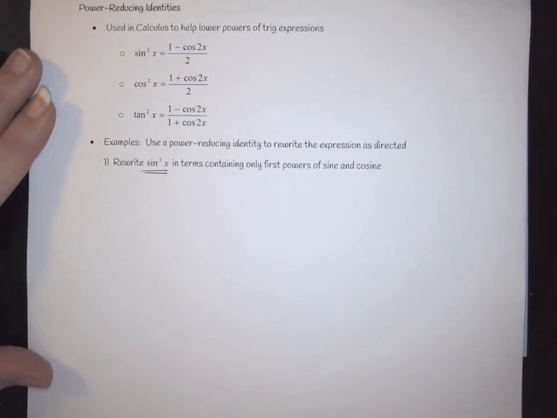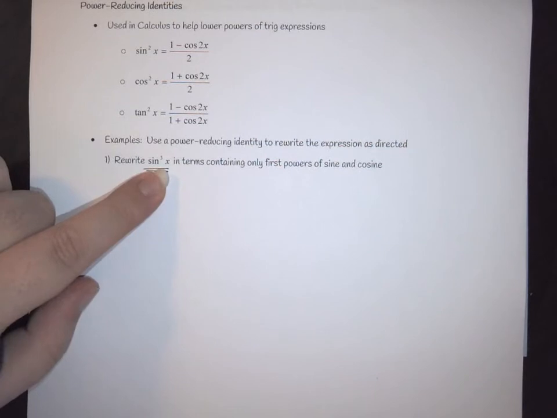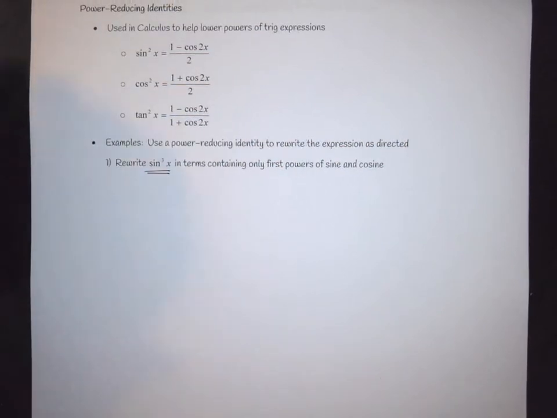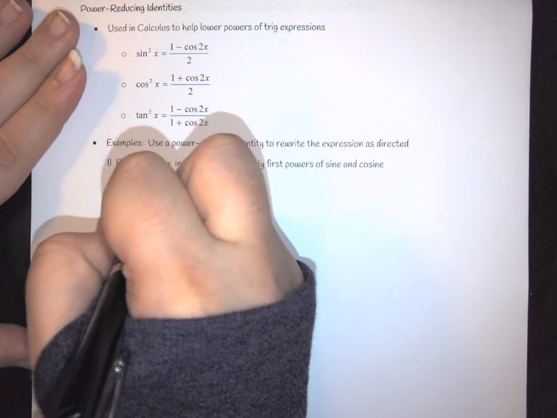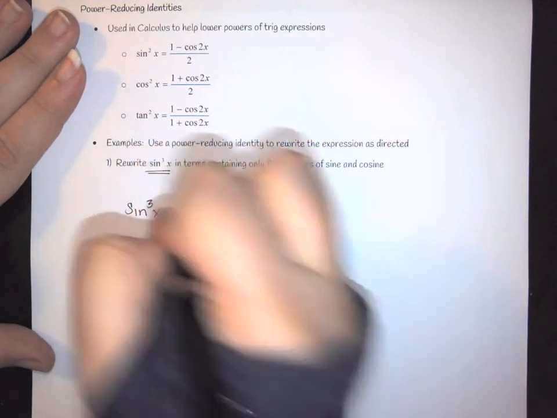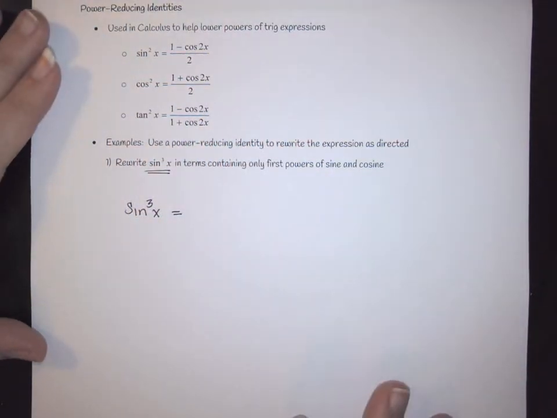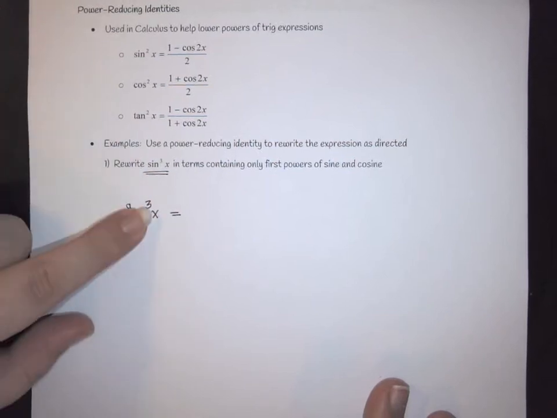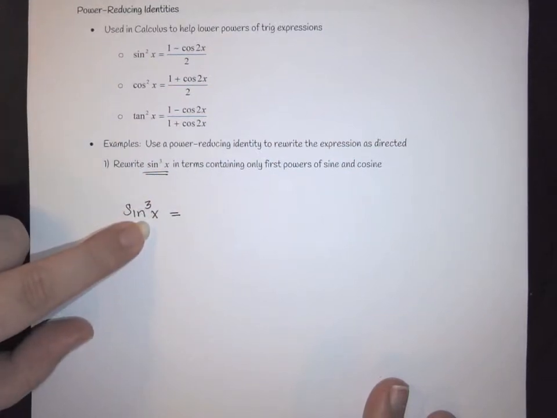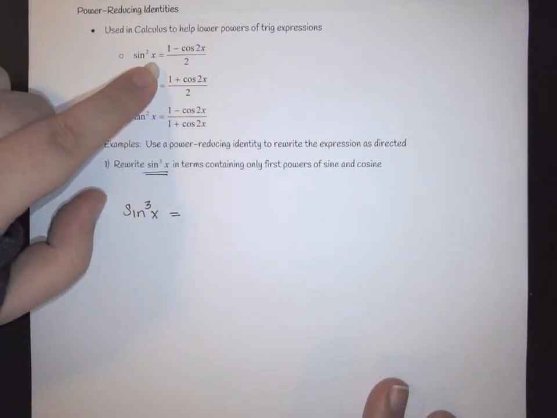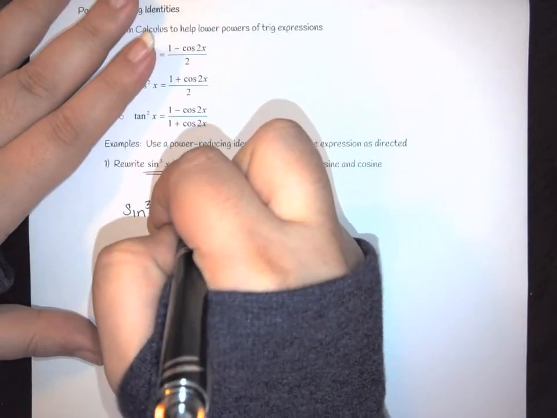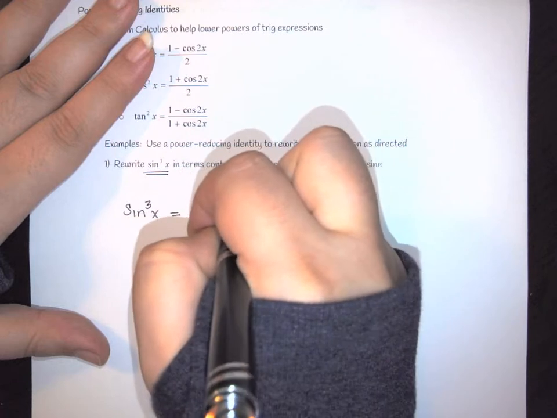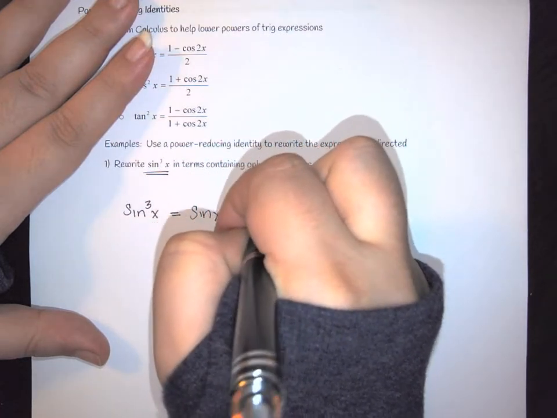So I have sine cubed here. If I'm going to take my sine cubed of x, I need to be able to reduce that down into something I can use. I don't have an identity for sine cubed, but I do have one for sine squared. So I'm going to turn this into the sine of x times the sine squared of x.